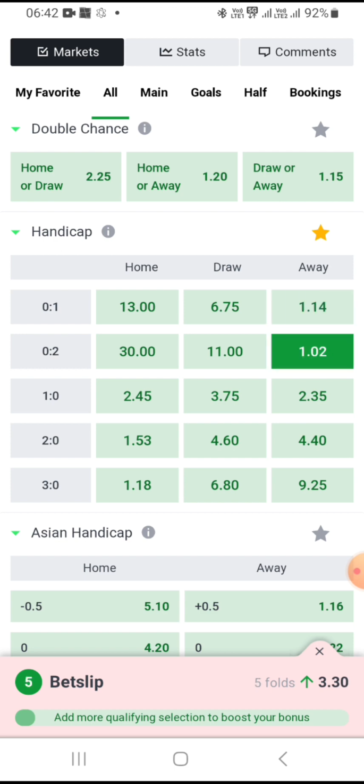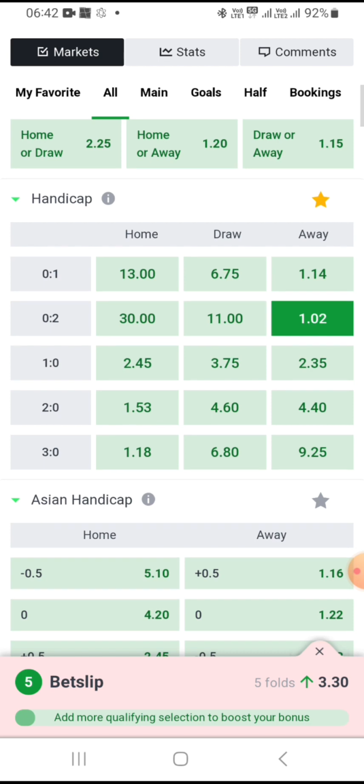If you tap this, you are saying that you're giving Tottenham 2-0 to win, which means if Tottenham wins the game, even if they win 1-0, if you plus it by 2, that is 3-0. They're winning by 3-0. The same applies here.